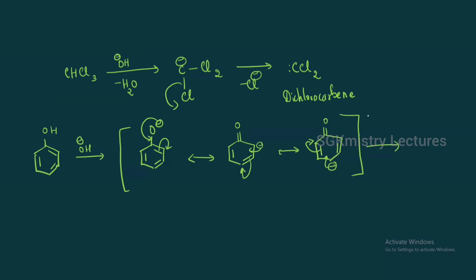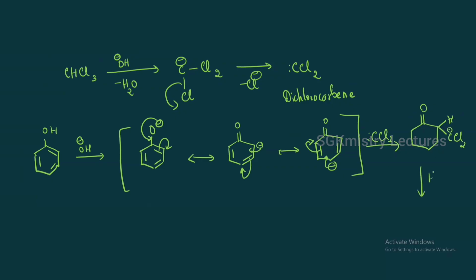So now in the presence of this dichlorocarbene, what is going to happen? Now here double bond O, here there will be H. I'm just showing the ortho substitution. So H here, and now with this dichlorocarbene you get the CCl2, right? Now here there is minus.